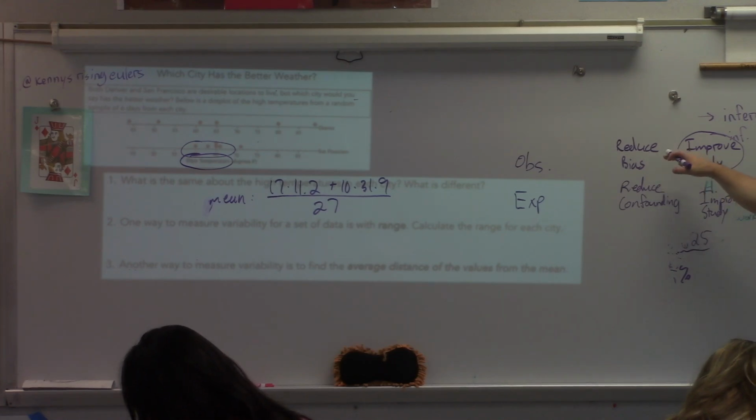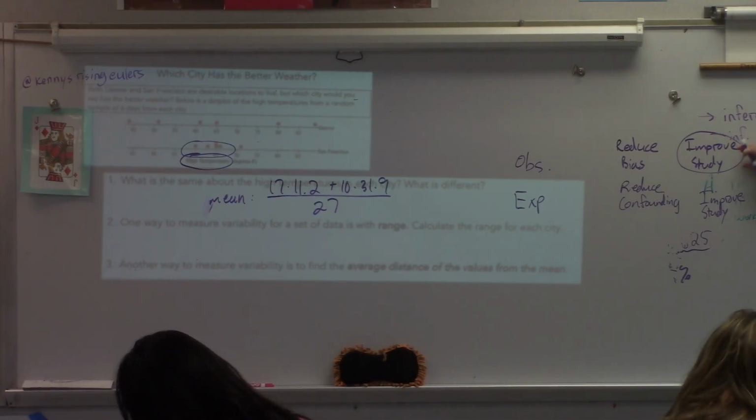There should be a lot that you talk about there, and then there's a lot within study design about how you would improve that study. The same thing with the experiment. So there's a lot going on.